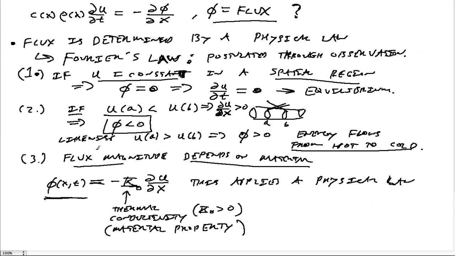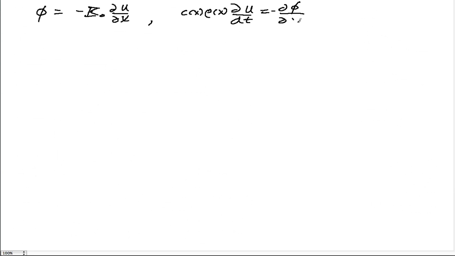All right, so we can write this all down. So now we have phi is equal to negative k0 times the spatial derivative of u, and then we also have this expression: material property of the specific heat, the mass density, the partial of u with respect to t, and that's equal to the negative partial derivative of the flux with respect to x. So this is what we call Fourier's law.